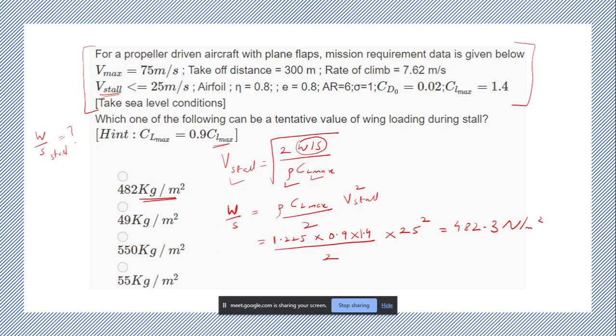Multiply or divide? Just look at the options and tell me. Exactly, 49 kg per meter square. Okay, so that is the right answer. You just divide it by g, 9.81.